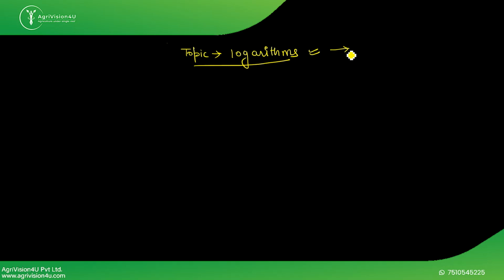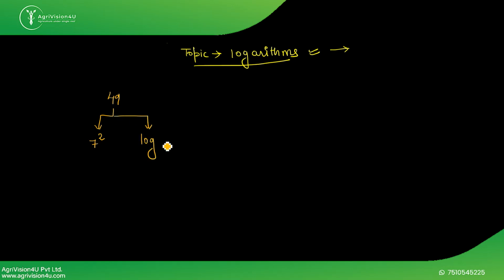But first of all, the basic understanding about logarithm is how to convert a particular number into log. For example, if I have the number 49, I can represent this 49 as 7 square. Yes or no? 7 square. Or if I want to write it in log, how can I write it?